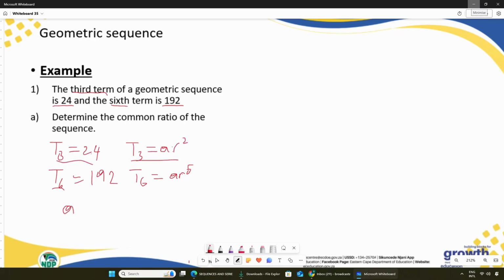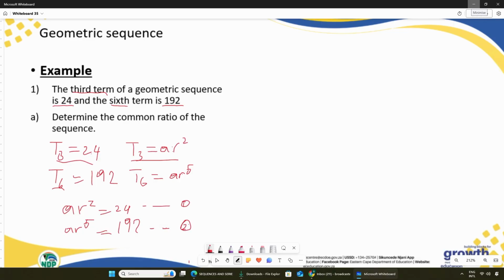That simply means AR to the power of 2 is equal to 24. And AR to the power of 5 is equal to 192. This is our first equation, and this is our second equation.